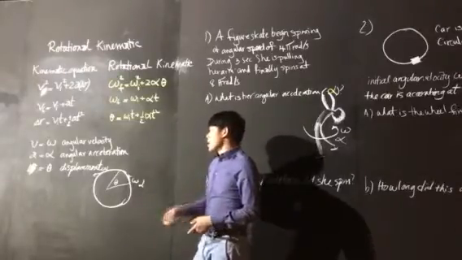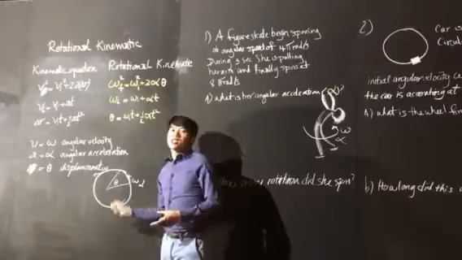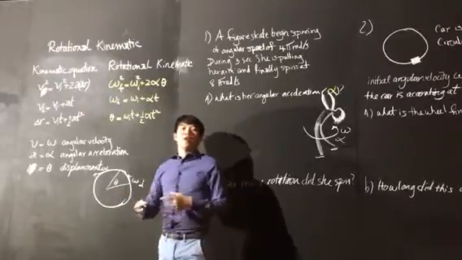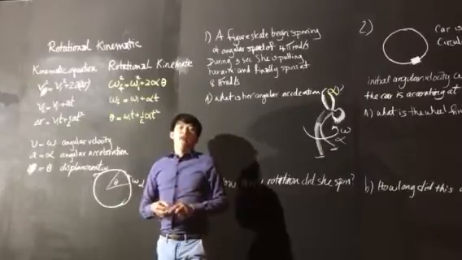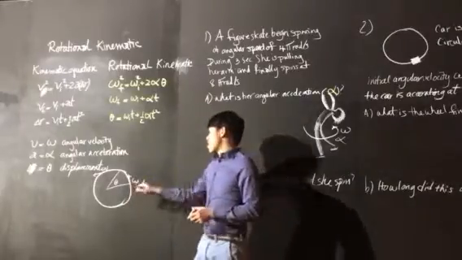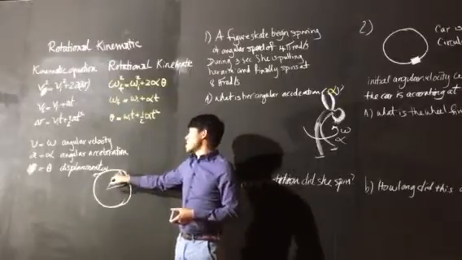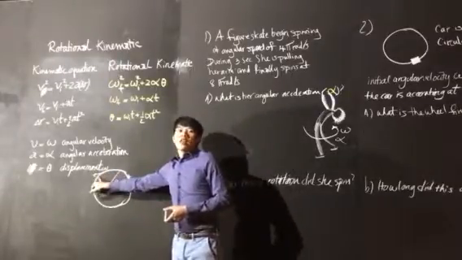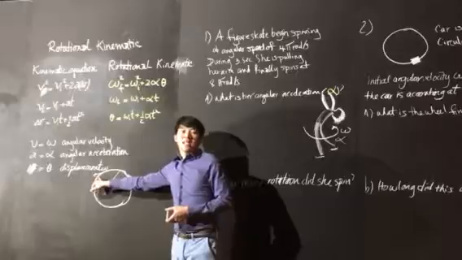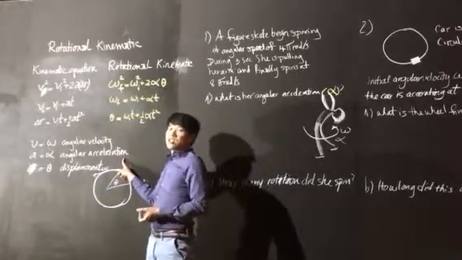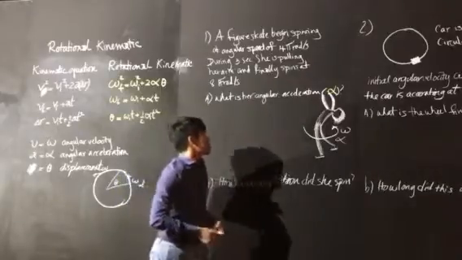If the angular velocity remains the same, there should be no acceleration. But if the velocity changes, either slowing down or speeding up, then it will have angular acceleration.